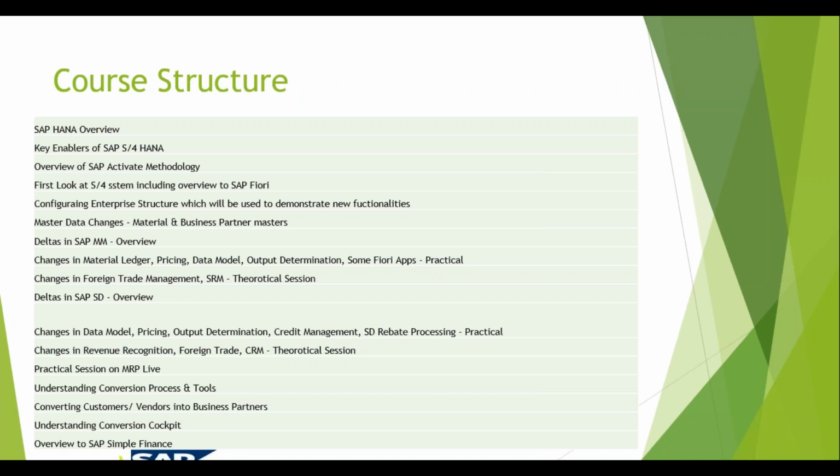Obviously, some tables have changed compared to what we were using earlier. So whenever we do a transaction, we'll go into the background and run SE11, SE16N or SE16H to see what has been updated in the table. This is how the front end is connected to the HANA database.